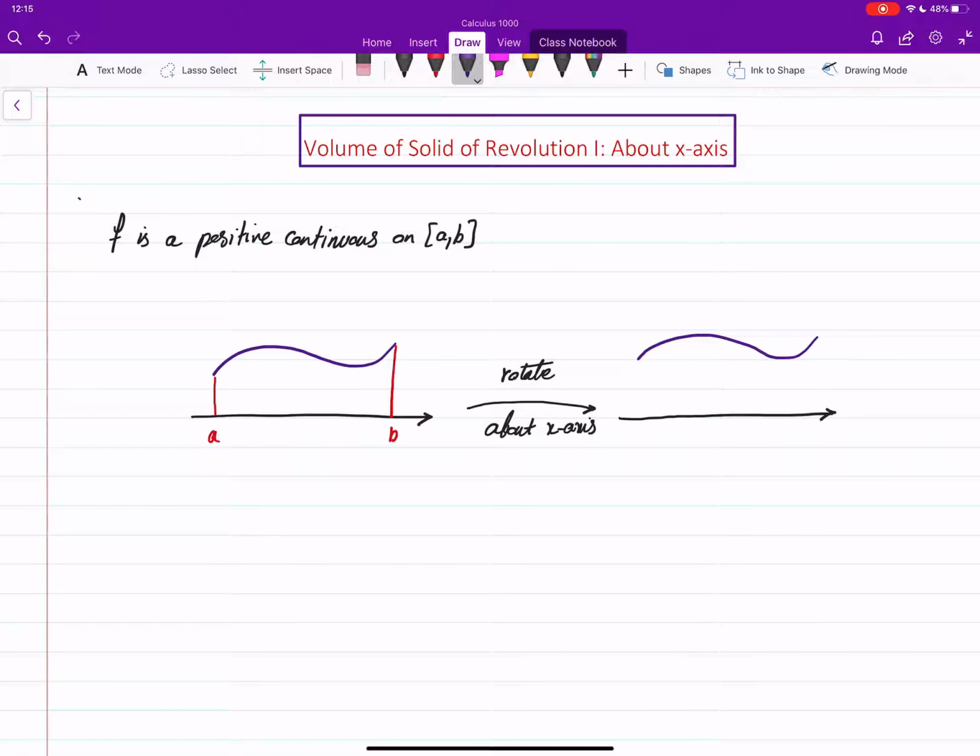Okay, what will happen is that we will start getting a three-dimensional object which has very nice symmetry like that, a three-dimensional object like this one.